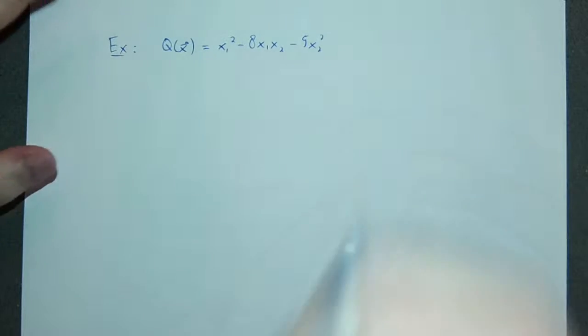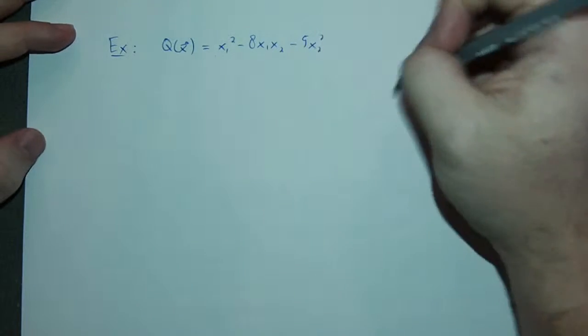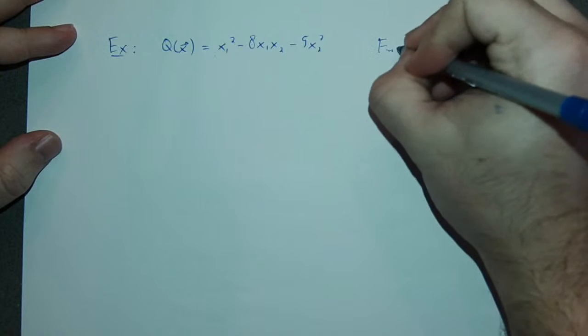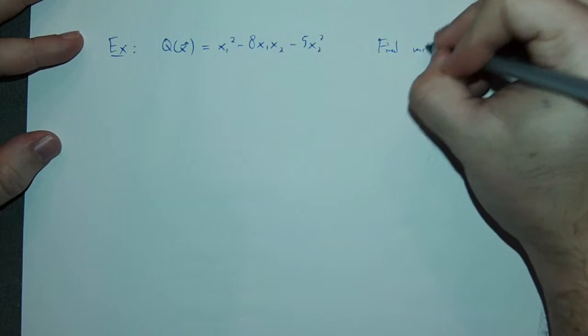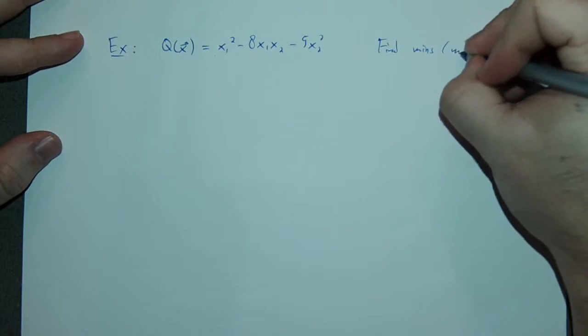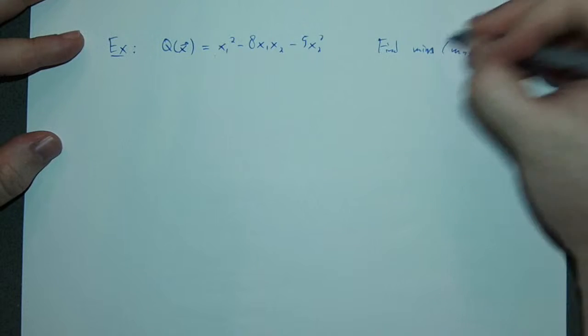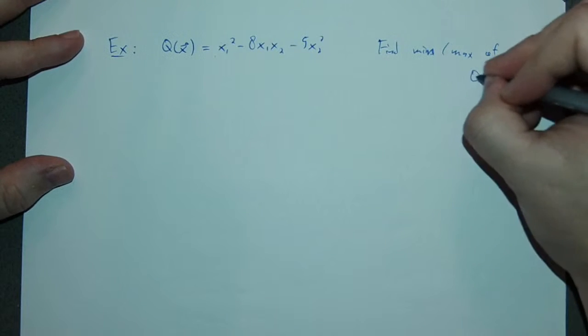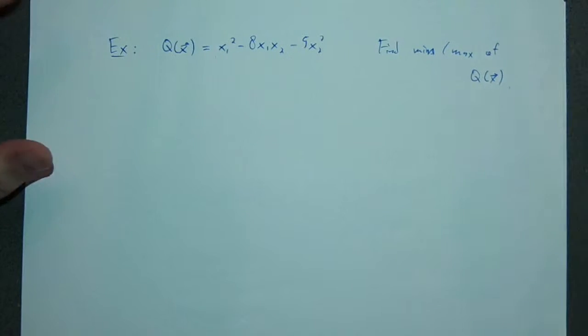If this is my quadratic form, and let's say I'm asked to find the min and max of Q of x. Of course, you can also do this with Calc 3 as well, but you don't need to do that.